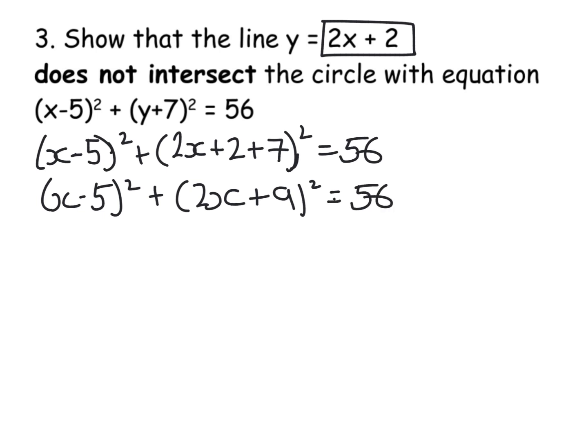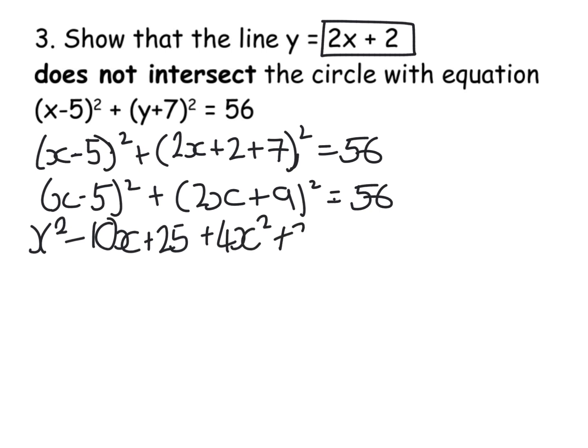Okay, so if we expand those brackets, if you're unable to expand these in one go, you go put in the extra lines of work and write the brackets out twice. But this will give us x squared minus 5x, so minus 10x plus 25. Then it will give us plus 4x squared plus 18 plus 18, so plus 36x plus 81 equals 56.